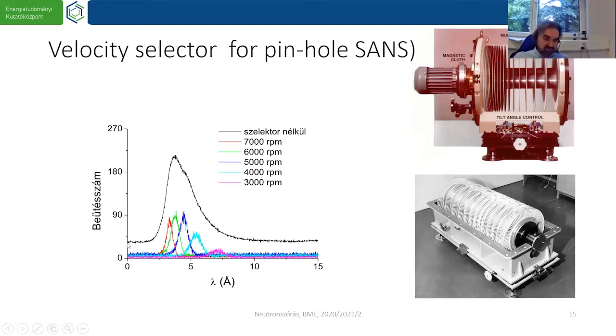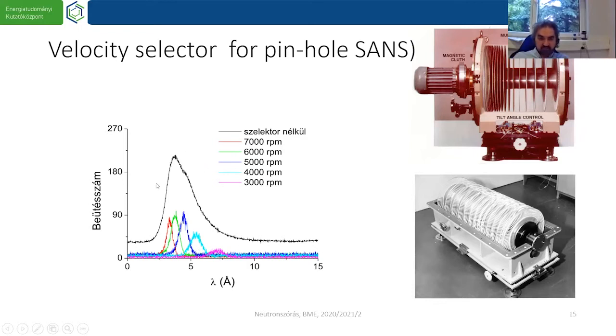And these are the first spectra that we can see today. Actually this is not a scattering spectrum, but a transmission of the velocity selector operating at different speeds. These are the speeds of the selector from 3000 per minute to 7000 per minute. At each speed we select a different band of neutrons.